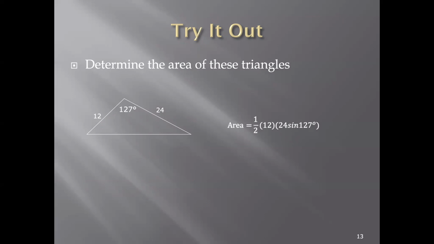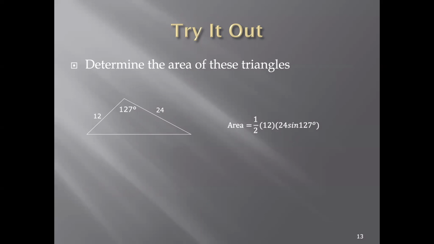Again, you can interchange 24 and 12. So you can write 1/2 times 24 times 12 sine 127. Or you can also write 1/2 times 12 times 24 sine 127. Anyway, that is multiplication.